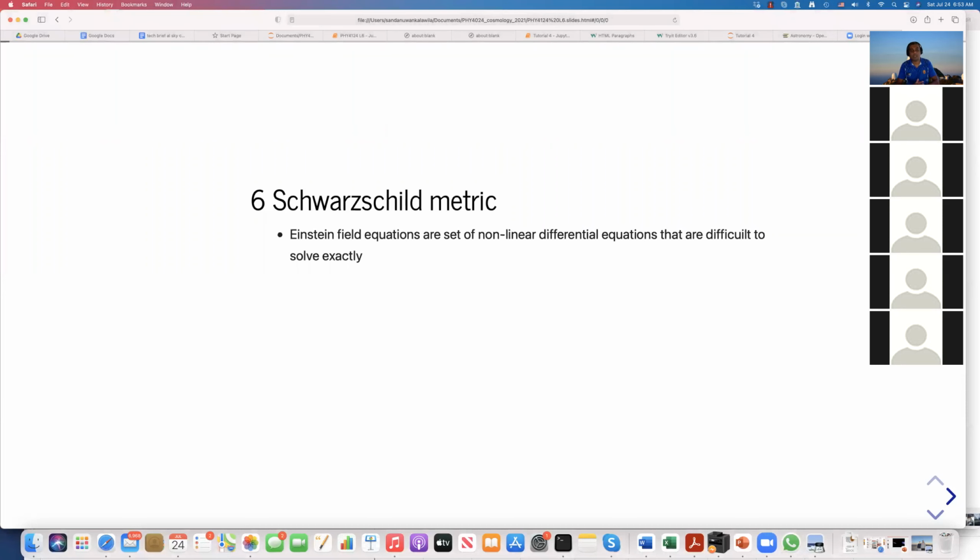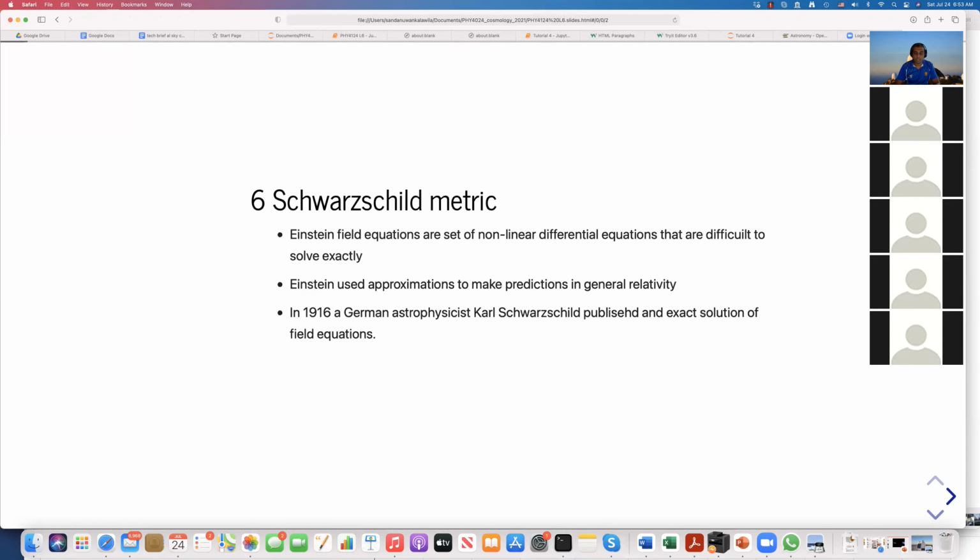Now, Einstein field equations are a set of nonlinear differential equations, and these are not easy to solve exactly. So what Einstein did most of the time is he used approximations to make predictions in general relativity, which are very accurate.